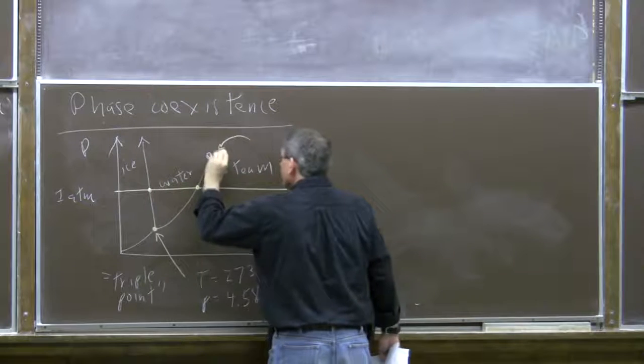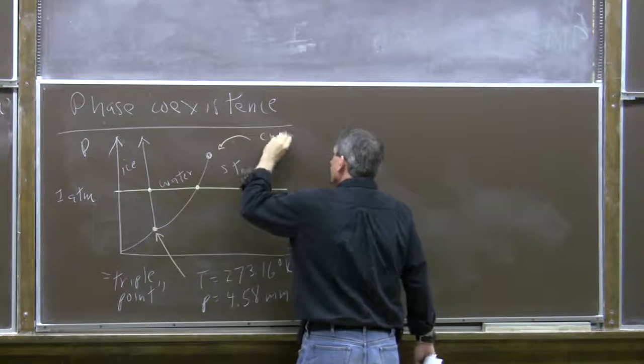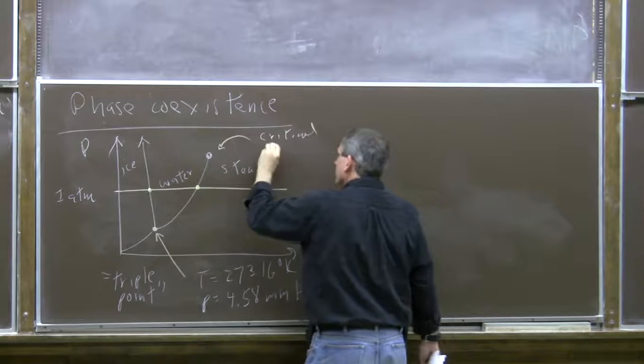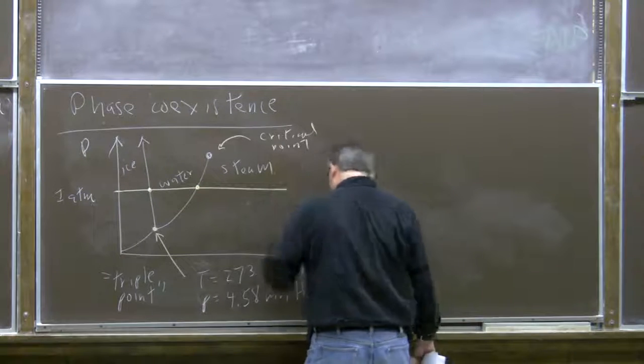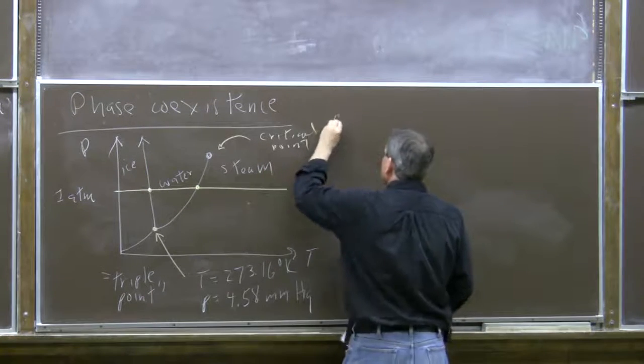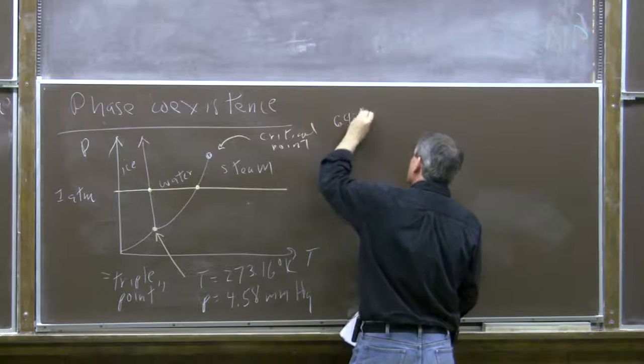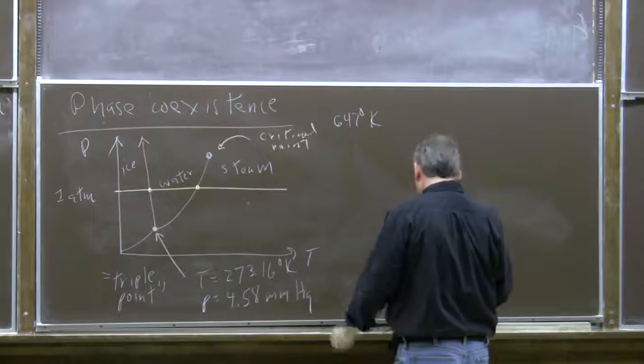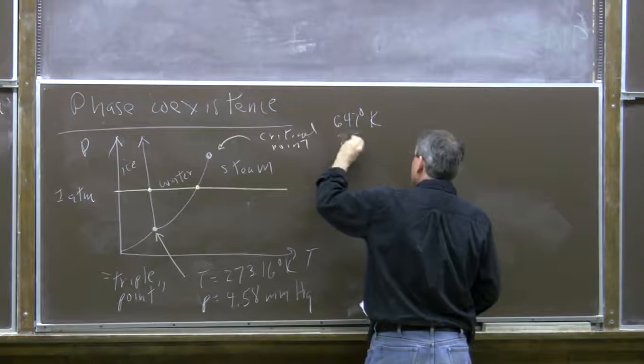This one is called the critical point. It too occurs at one particular value of the temperature and pressure, 647 degrees K and 218 atmospheres.